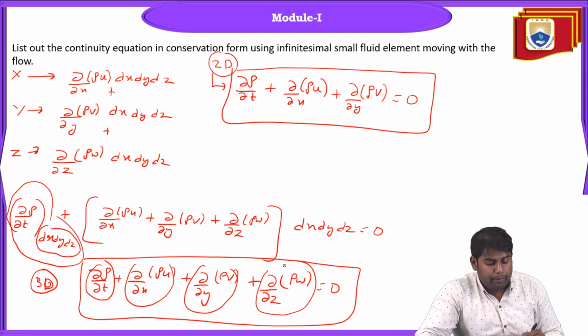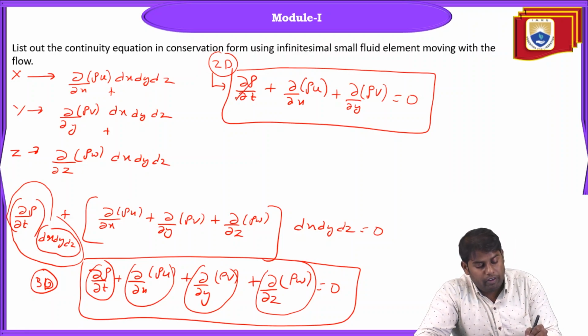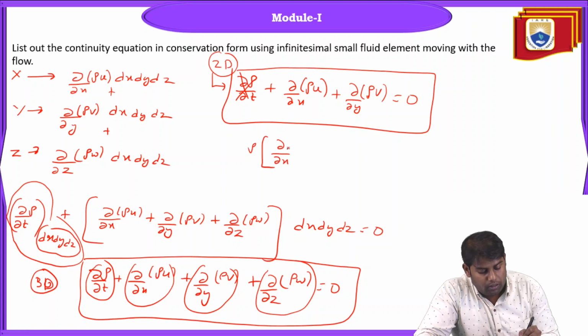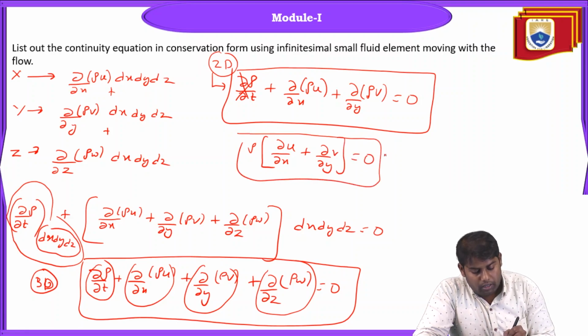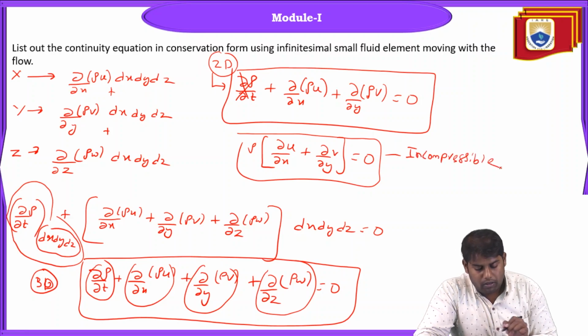When the flow is incompressible, what happens? This term will vanish. The final equation will be this, so this is for incompressible flow.